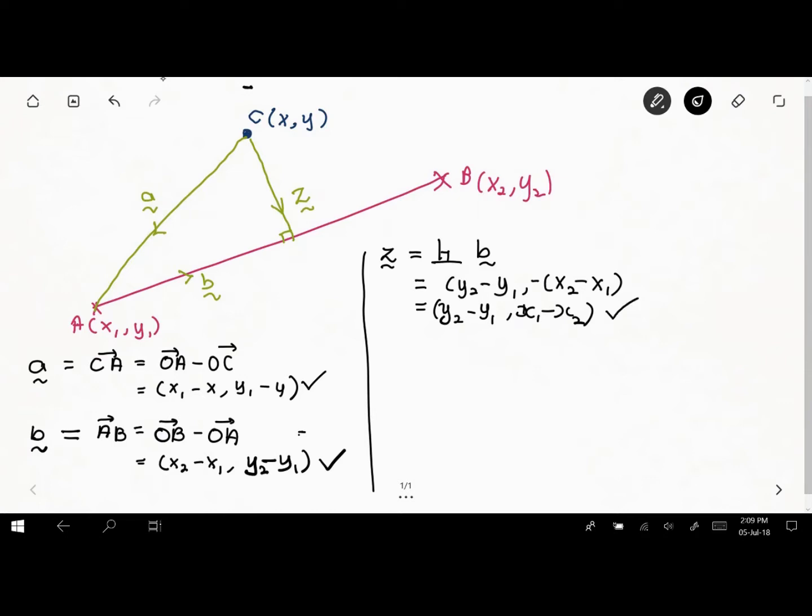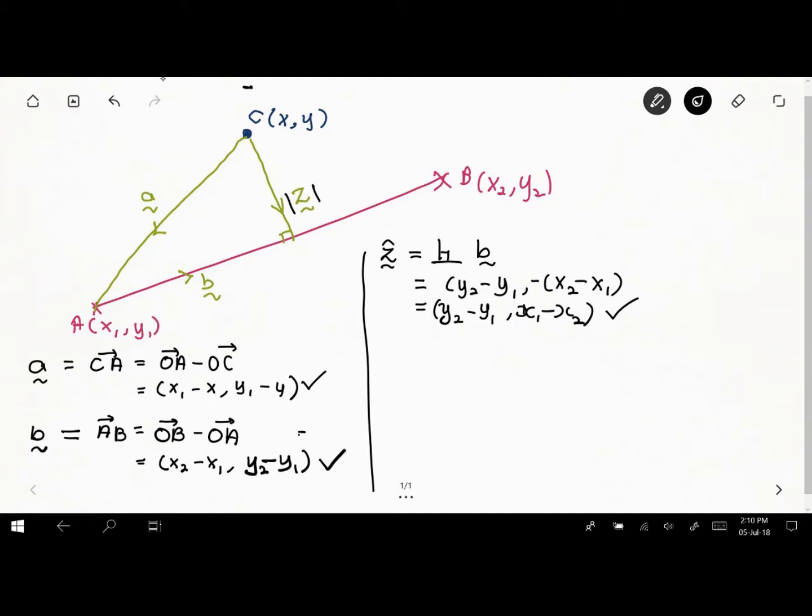Now, if you take a look at the distance of Z, the Z magnitude, we should be able to find it. So far we only know the direction of Z, but we do not know its magnitude.